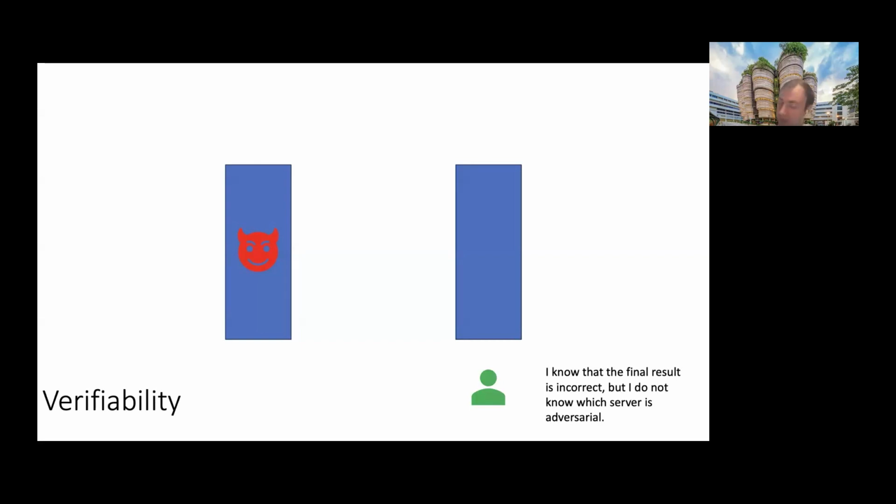The lowest level of adversarial resistance is verifiability. In this case, we know that the final result is incorrect, but we do not know which server is adversarial. Importantly, such a scheme can be deployed for the two-server case, and the solutions can be information theoretically secure, so we can deploy such a scheme without relying on any cryptographic assumptions.